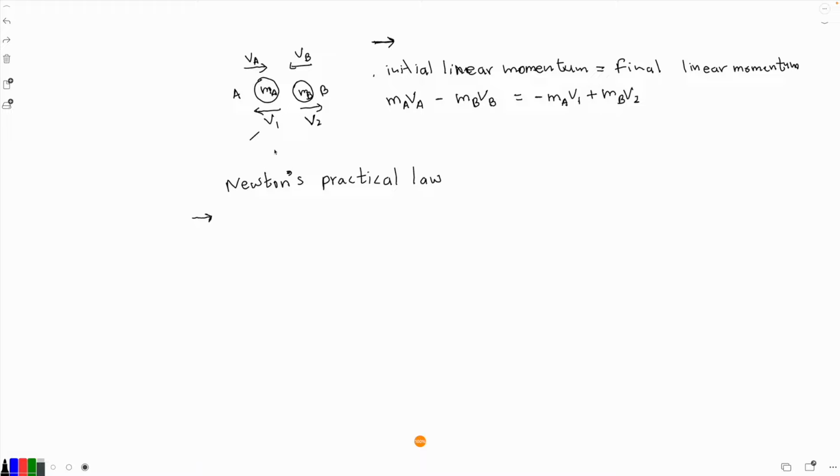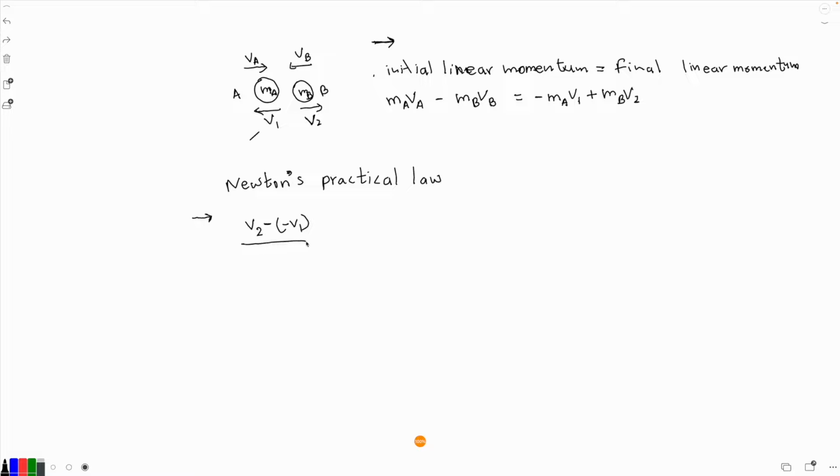So Newton says the difference between final velocities, v2 minus v1, that is velocity of b minus velocity of a. I can write it as v2 in the same direction I am considering. This negative mark comes from Newton's practical law. Then v1 is in the opposite direction we consider, so v1 is a negative value, minus v1.